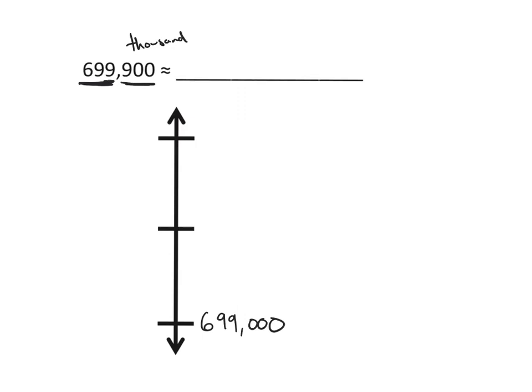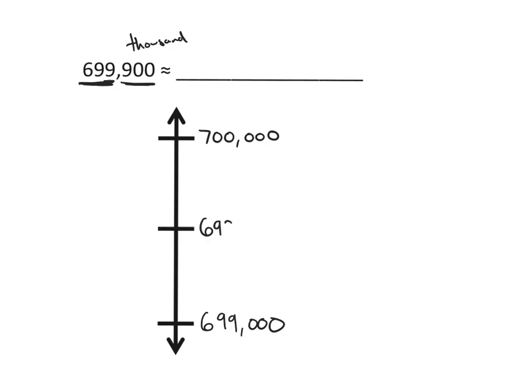And now for the upper limit, I'm simply going to add 1,000 to this value. Now this is a little bit tricky because when I add 1,000 to 699,000, I actually get 700,000. This is where my understanding of place value comes in handy, because I know that one more thousand onto 699,000 is 700,000. To determine my midpoint, I'm going to find the halfway point between these two numbers.